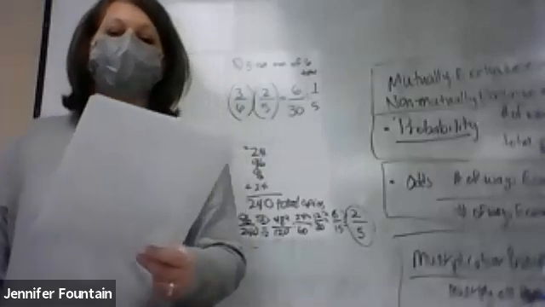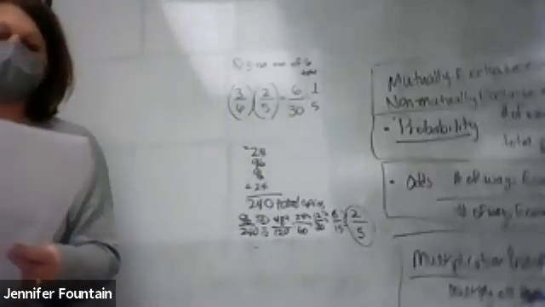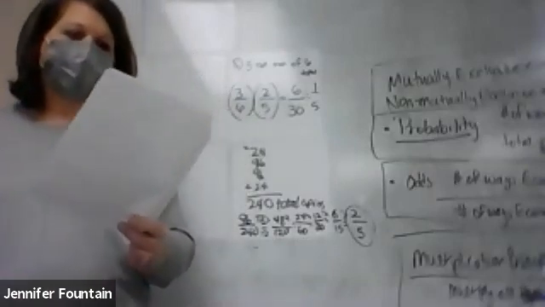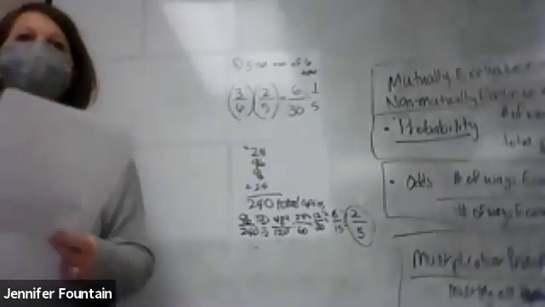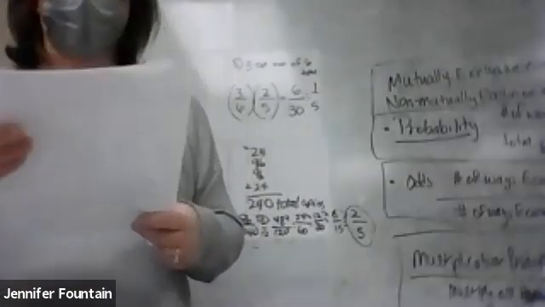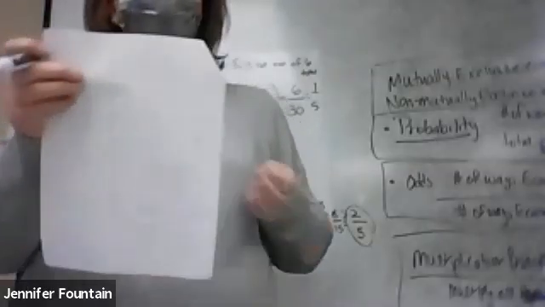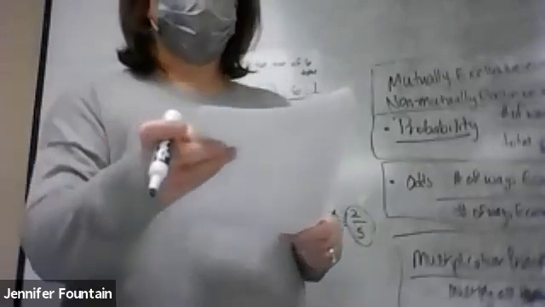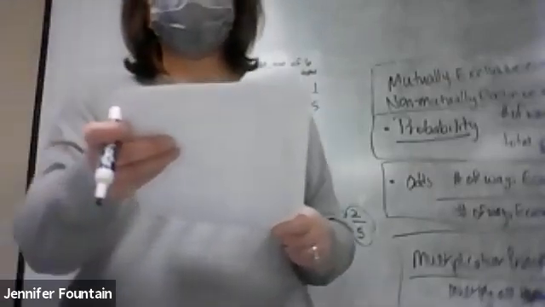Okay, so let's look at our spinners. All right, look at letter A. What is our biggest portion? What is the largest section in letter A? Yellow. What is the largest portion in letter B? Green. What is the largest portion in letter C?